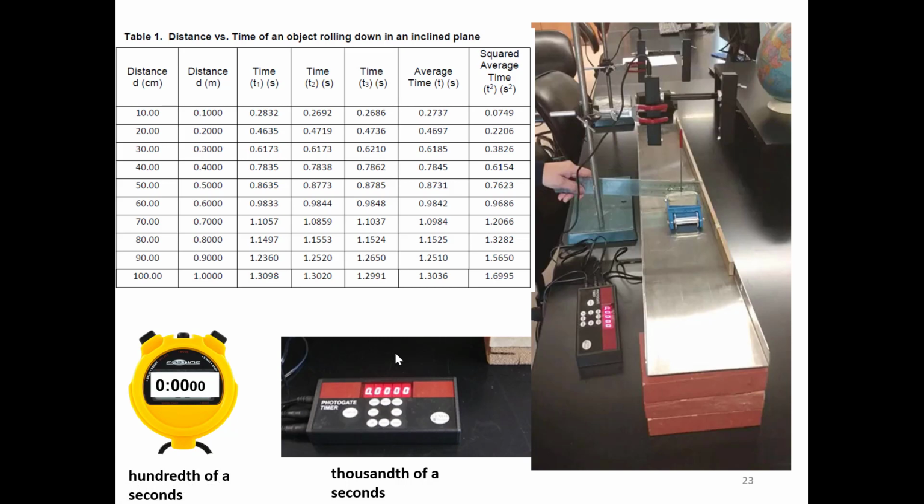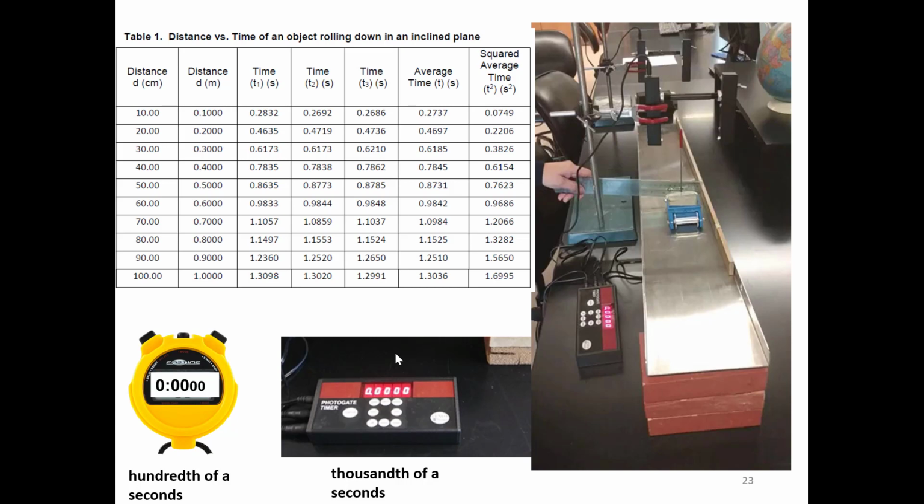In this case, we eliminate the reaction time problem, because when we are using the stopwatch, it depends how quickly you can react when the car starts and you start the stopwatch at the same time.